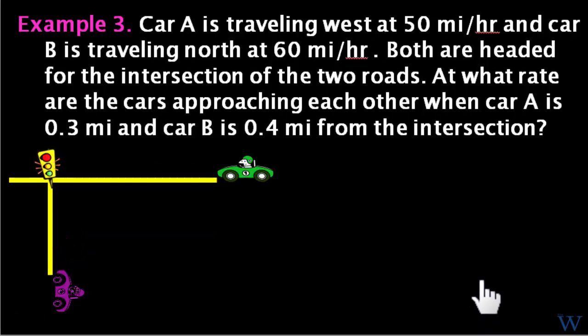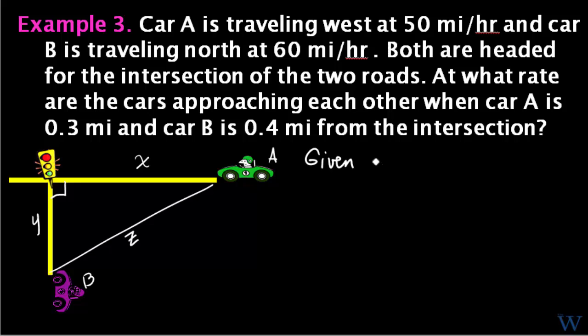So let x be the distance of car A from the intersection. Let y be the distance of car B. Then we're going to create a right triangle. So there's your z. What's given is dx by dt, which is equal to negative 50 miles per hour.